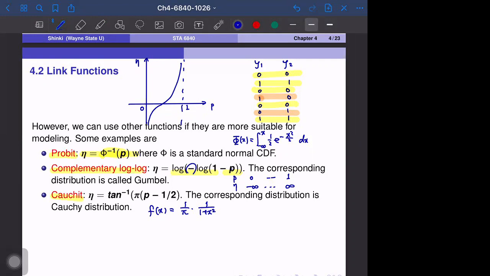So in terms of the heavy-tailedness, the Cauchy distribution is heaviest. So the Cauchy, probit and logit, probit.